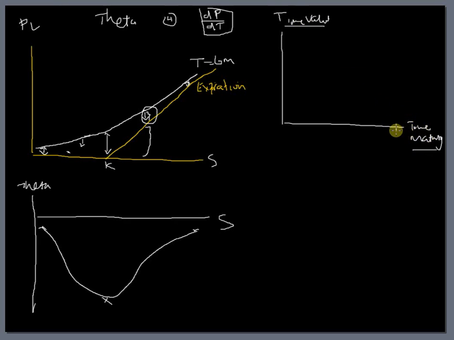When we have a long time to maturity, say 6 months, the time value is the longest, because that's how we agree that over time this will move towards K.